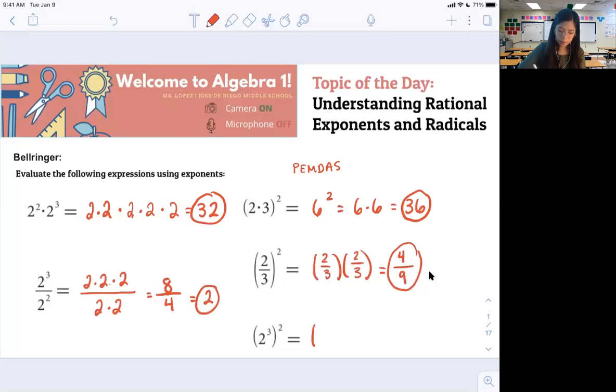So 2 to the power of 3, that's 2 times 2 times 2, as Allison just said, that's going to be 8. 8 to the power of 2, 64. All right. That is kind of the basics.